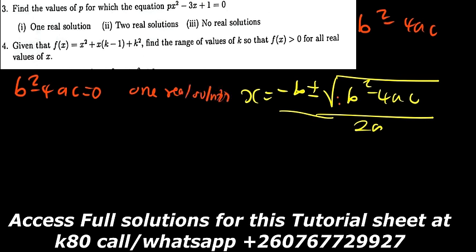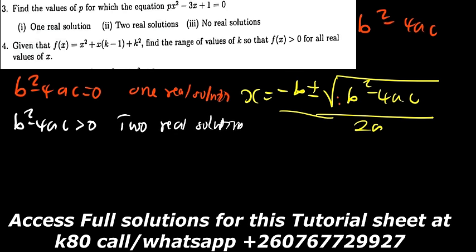Then we are also saying that if b squared minus 4ac is greater than 0, we expect to have two distinct real values. What if b squared minus 4ac is less than 0? We are saying that we are going to have no real solutions.